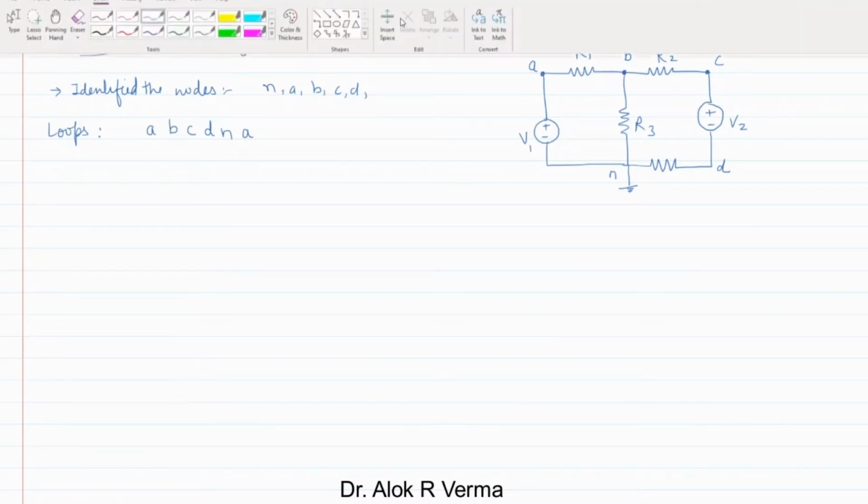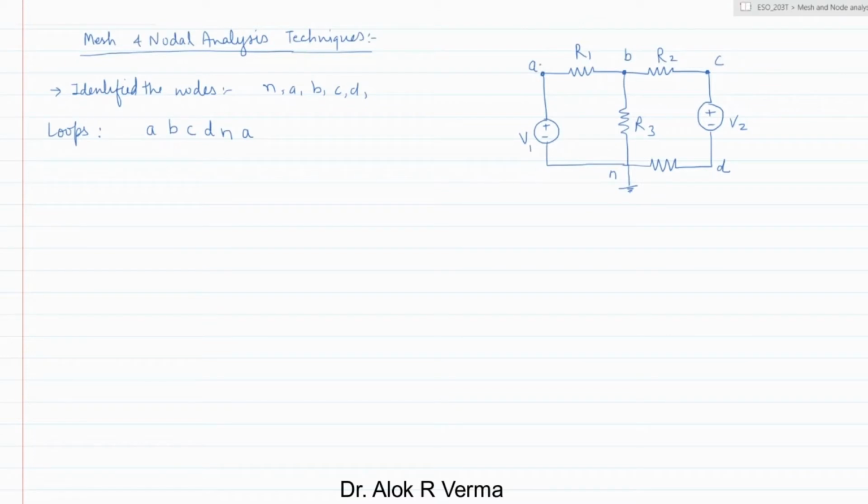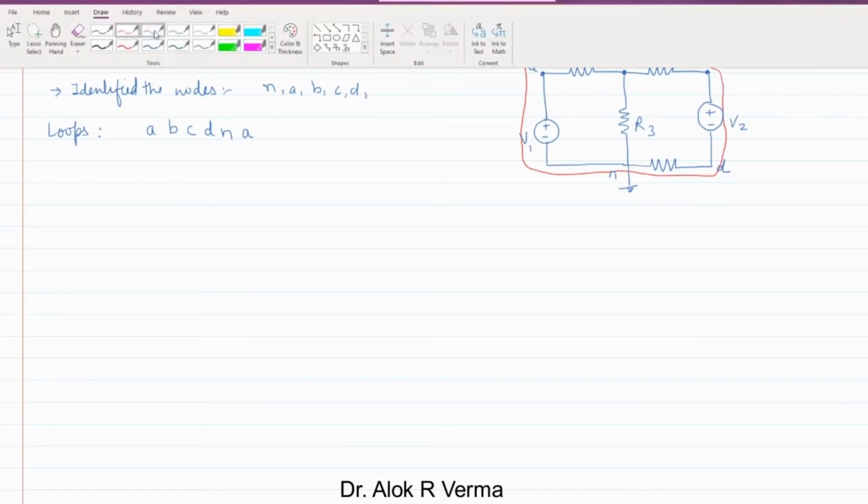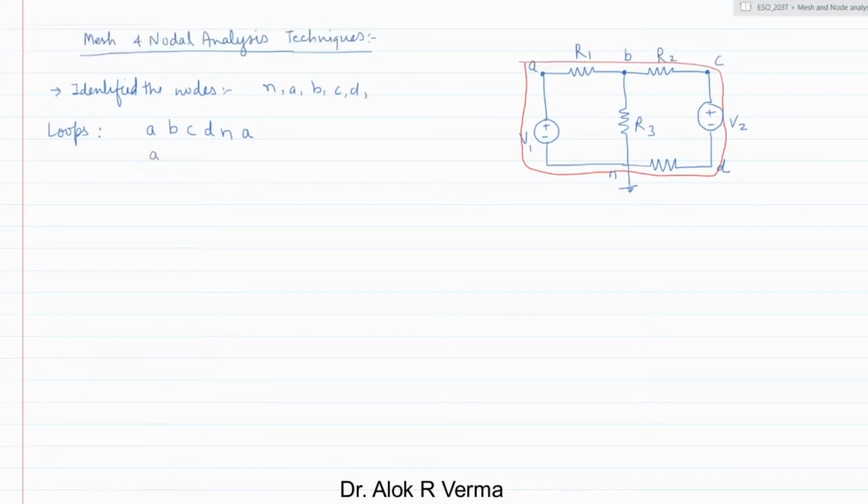If we mark it, the loop is A to B to C to D and back to A. Another loop you can see is A, B, N and A. I'll just mark it with the blue color.